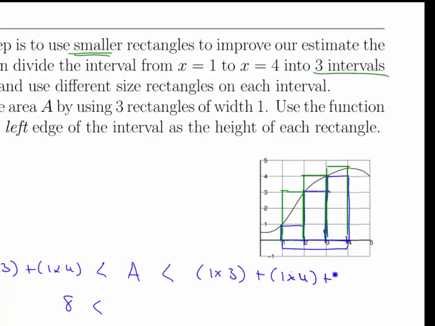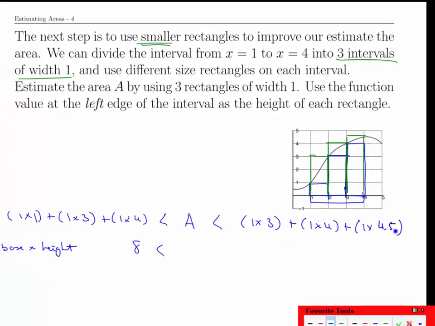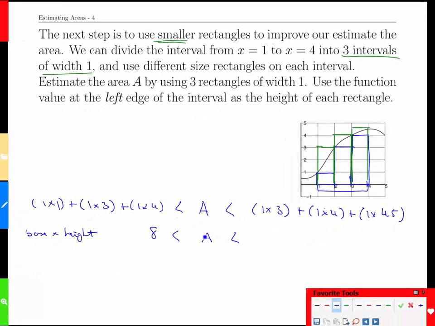And then on the last interval, we would use 4.5. If we do that, we get 3, 4, and 4.5. That's 11.5. And now we see that this is a much tighter range for A. We still don't know it exactly, but it is certainly in a much narrower range, and we can get a much better estimate of what the area under the curve is.